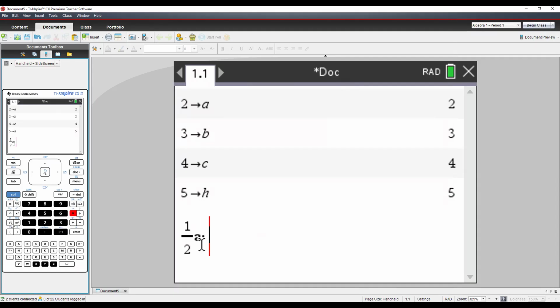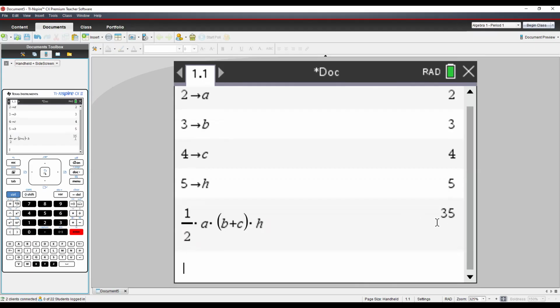So I'm going to put parentheses, and then I have B plus C, parentheses, and now I'm going to put another multiplication between this and the H, and let's see what we get. So that tells us that the value for V is going to be 35. So I'm going to take this number and store it into V. Now, once I've done this, I'm ready to go find the answer.